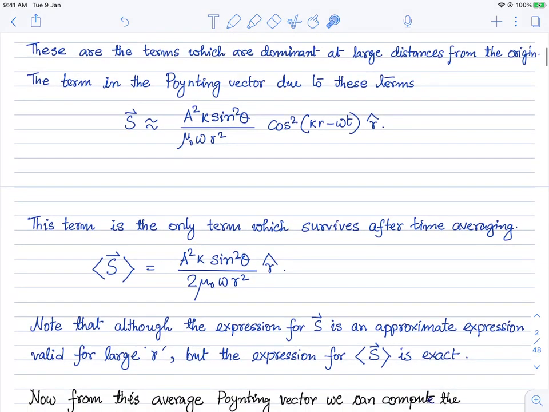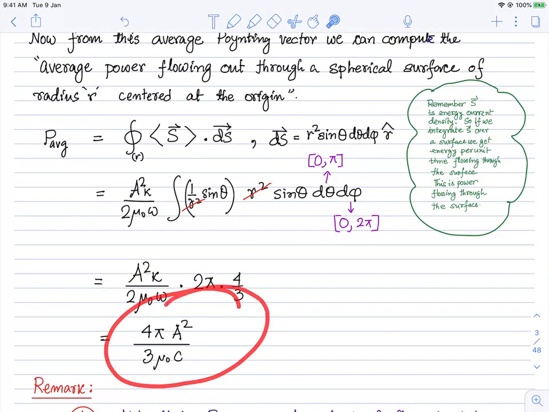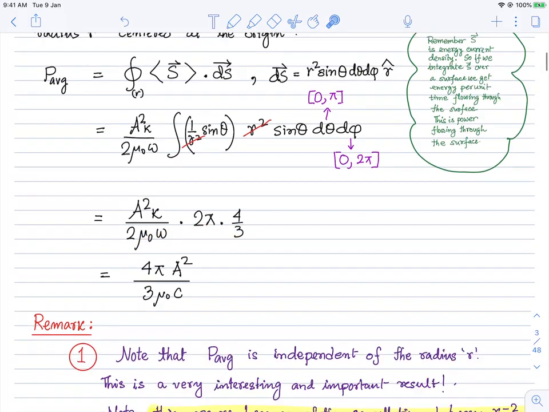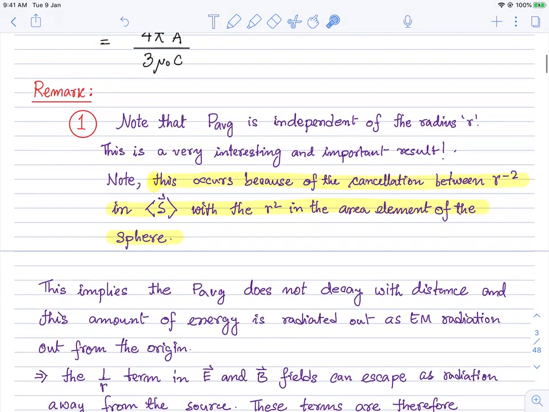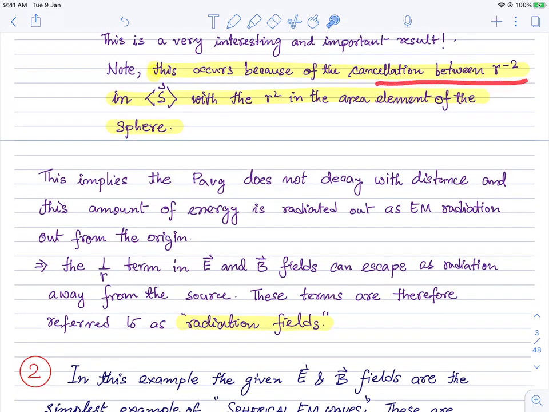Very good. Now, as we have seen, the total power is given by this, which is present in this electromagnetic wave. Just before we finish, there is one remark. I have already emphasized the importance of the cancellation of the 1 over r squared and the r squared factor coming from the area element of the sphere.